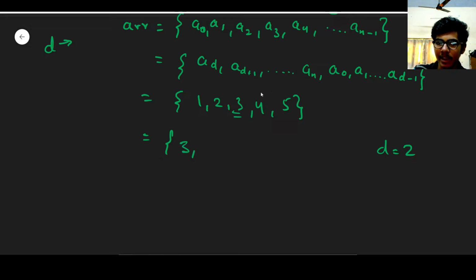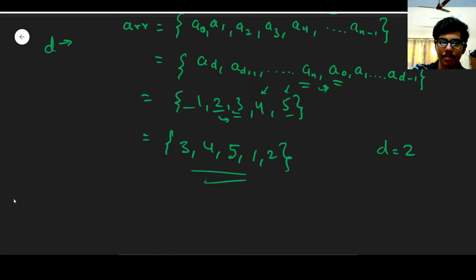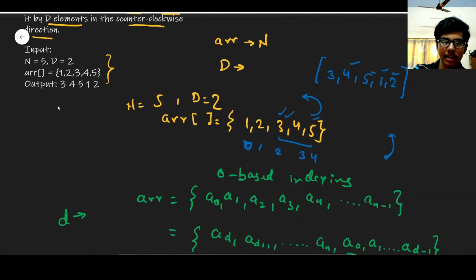So 3 will be there, AD plus 1 will be there, which is 4, AD plus 2 will be there now, which is 5, the last element. After the last element, we will go back to A0. So after that A0 is 1, so 1 should come. After that, 2 should come. So this became our answer.